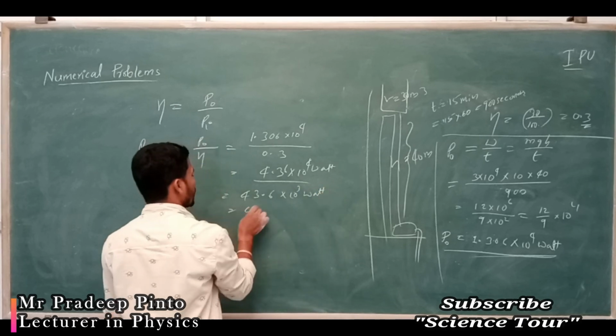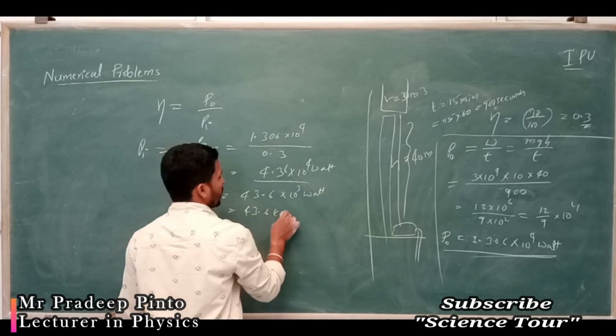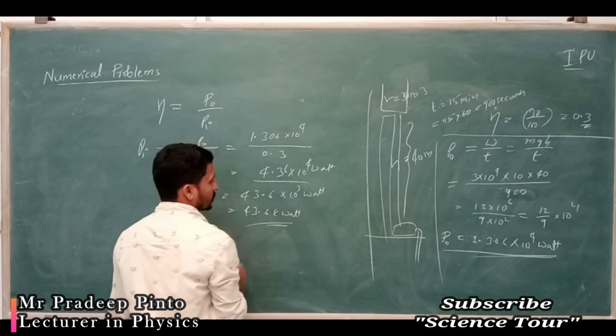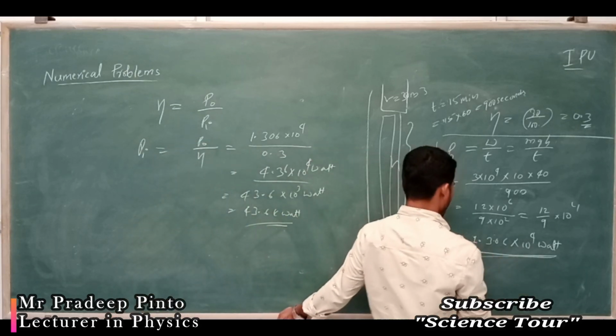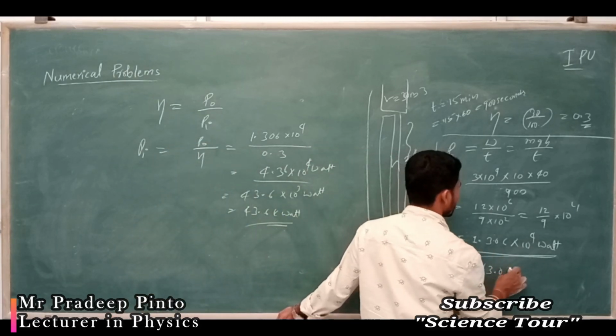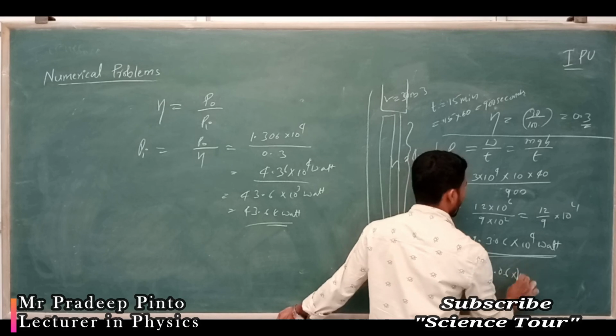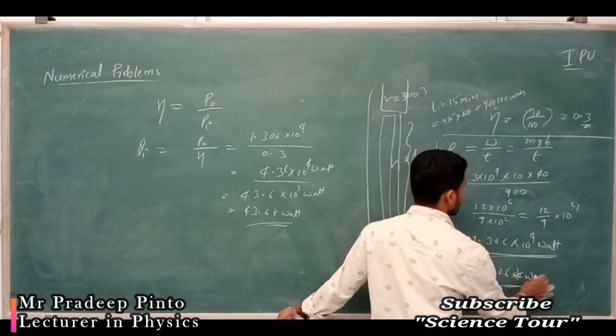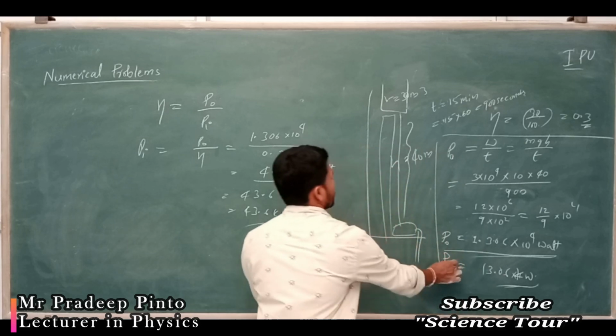So you can write down 43.6 kilowatt. So here also you can write down 13.06 kilowatt. Kilo means 10 to the power 3.